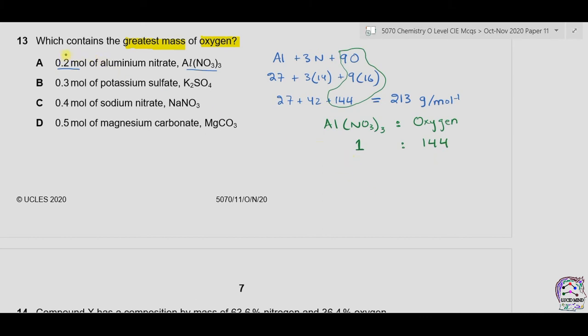Similarly, for 0.2 moles given in the question, we would have X grams of oxygen. By cross multiplying, we can find the mass of oxygen. So in 0.2 moles of aluminum nitrate, the mass of oxygen is 28.8 grams.